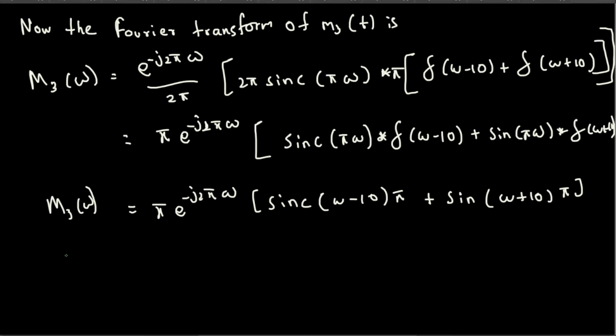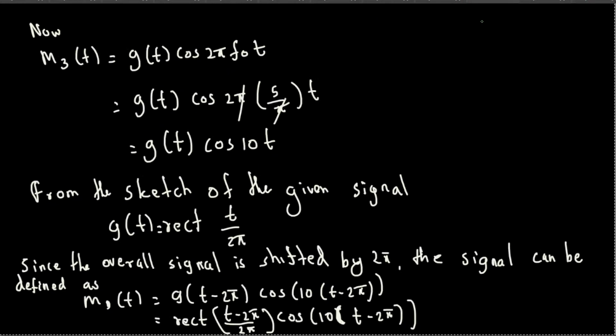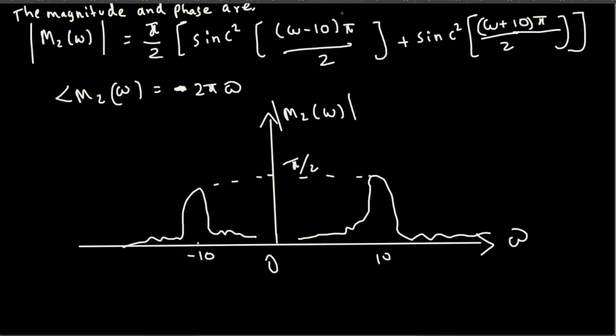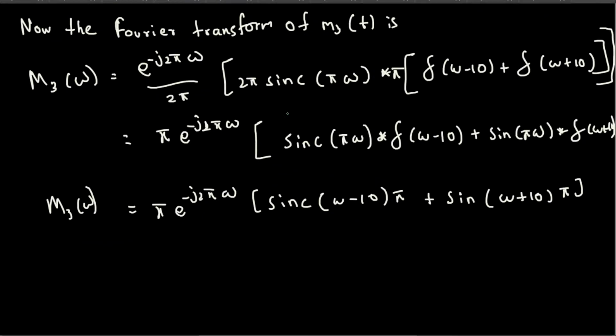The magnitude diagram is going to be not the same as before, because what we had before, let's see, this is the one we had, 5/2 sinc squared and stuff, but here it's going to be a little different because we have dealt with the rectangular one. So the magnitude and phase.